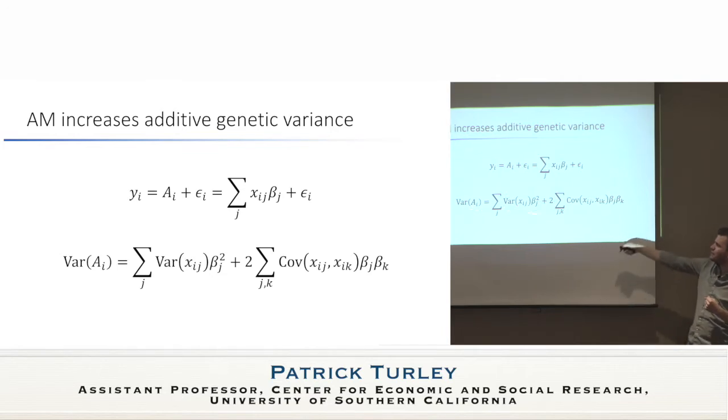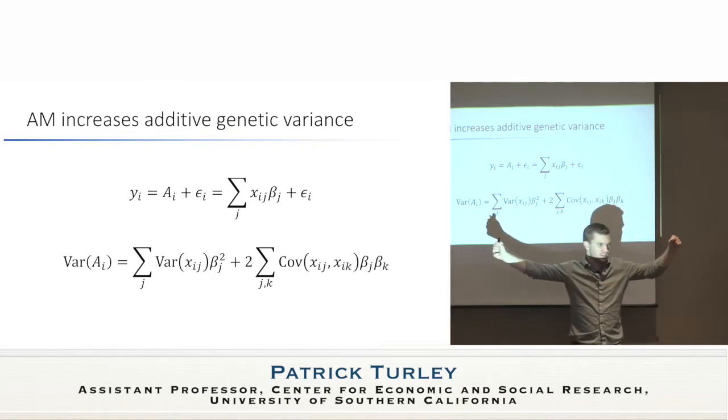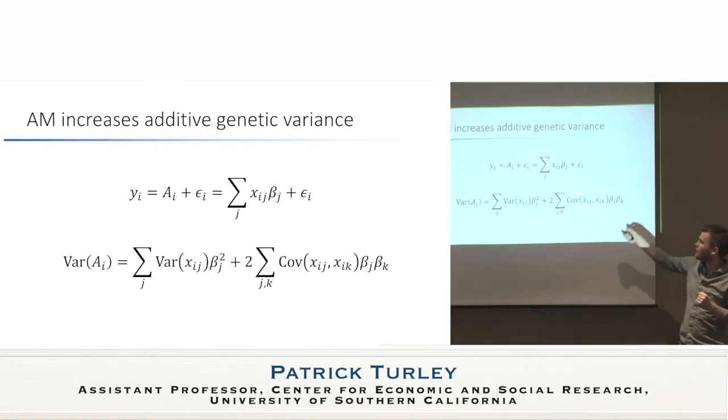The variance of this sum is the sum of the variances, like this term here, plus 2 times the covariance between every pair of SNPs. Under random mating, we expect SNPs on different chromosomes to be uncorrelated, which means that this covariance term is going to just be 0 for every pair of SNPs that are on separate chromosomes.